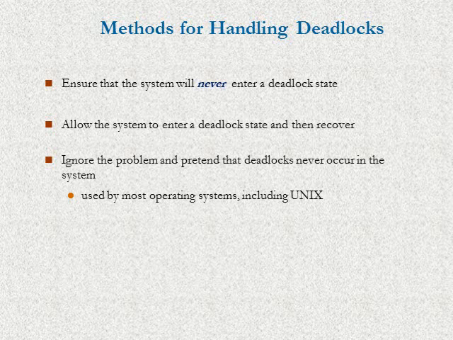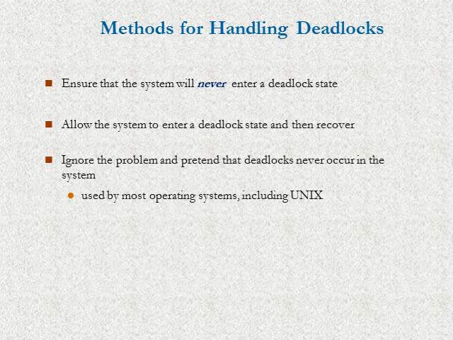The third one seems the most naive method to deal with the deadlock, but it is often the one that is used in most of the operating systems. The reason behind this selection is that the prevention mechanisms and the avoidance mechanisms may require more resources to run a system in a smooth fashion.